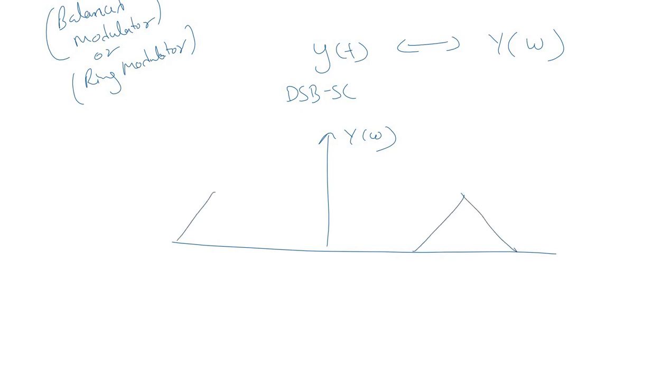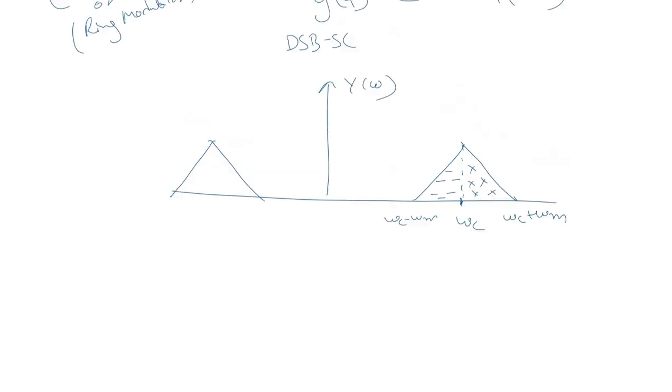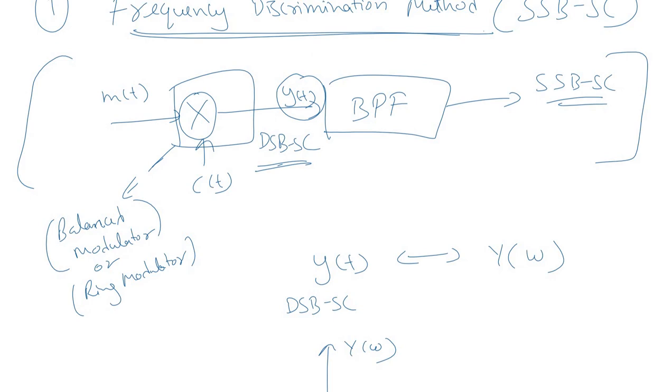It consists of only two sidebands and no carrier signal: omega c plus omega m, omega c minus omega m. So you can clearly see there are two sidebands. Now we have obtained Y of omega at this point.